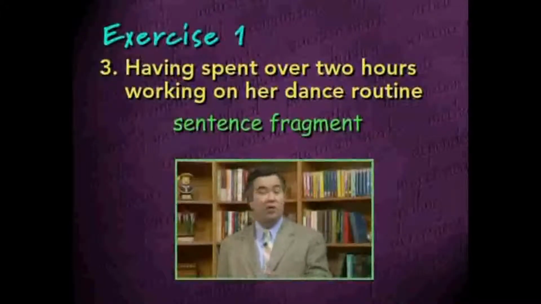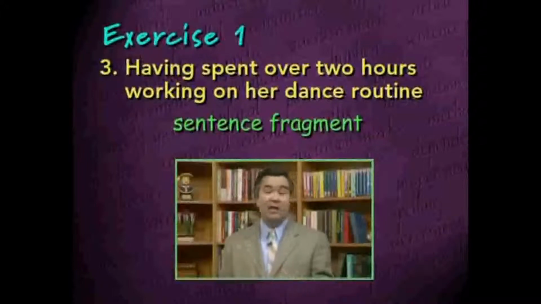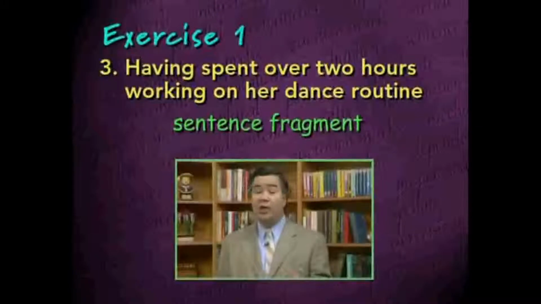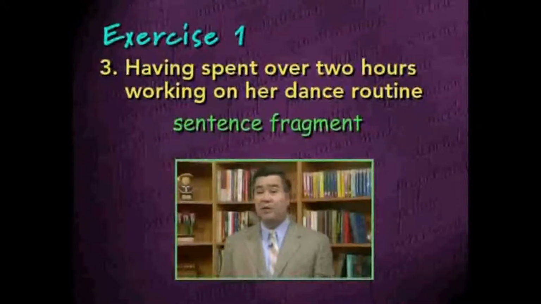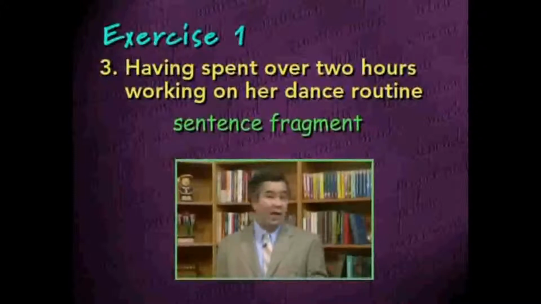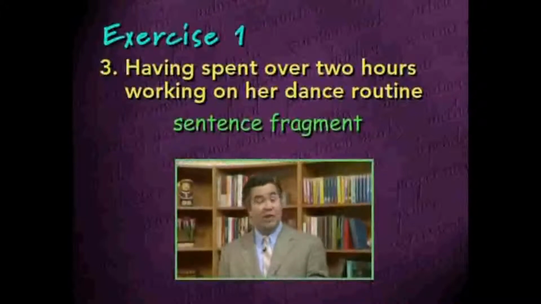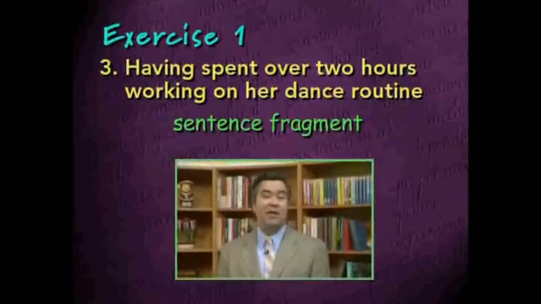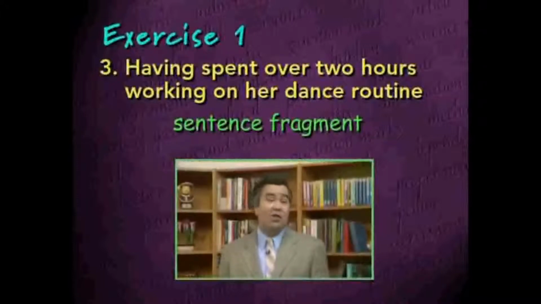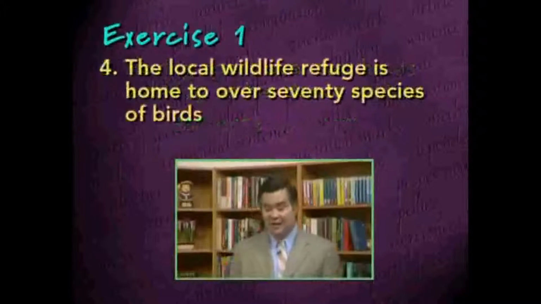Therefore, the person who is doing the action is missing from this sentence, and what results is not a complete thought. We don't really understand what the person who wrote this sentence is trying to convey. This is a sentence fragment, not a complete sentence, and if it appeared in a piece of writing, it would be considered incorrect. Therefore, this is the sentence fragment and shouldn't be given any final punctuation because it's really not a complete sentence. Let's look at the next example.